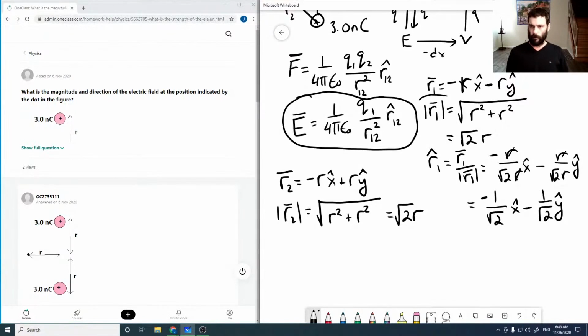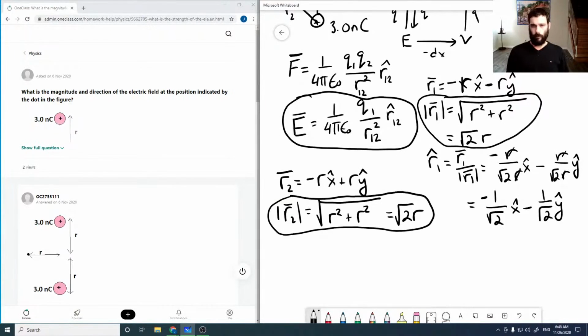I'm just going to circle these to differentiate them, and also because I'm going to need them later. Okay, and so then the R2 hat vector is again minus R over root 2 R X hat plus R over root 2 R Y hat.